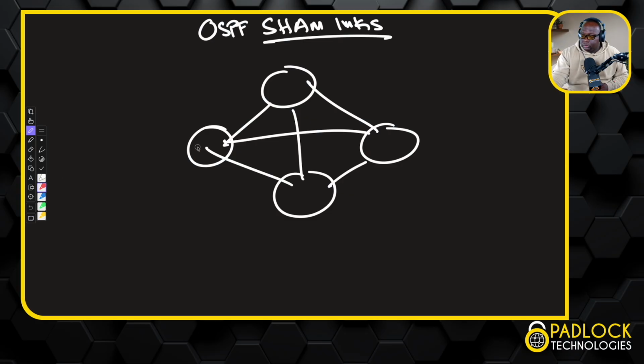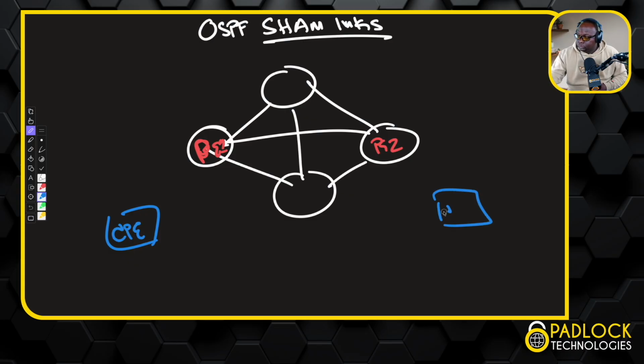And here's PE1, and this is PE2. And then we're going to have our CEs down here, or CPEs, depending on who you ask. All right. Which stands for Customer Provider Edge, and PE stands for Provider Edge. So let's say we got that, right?